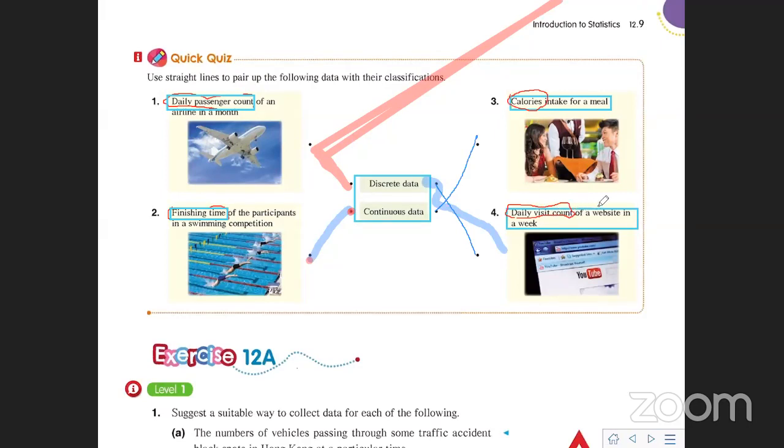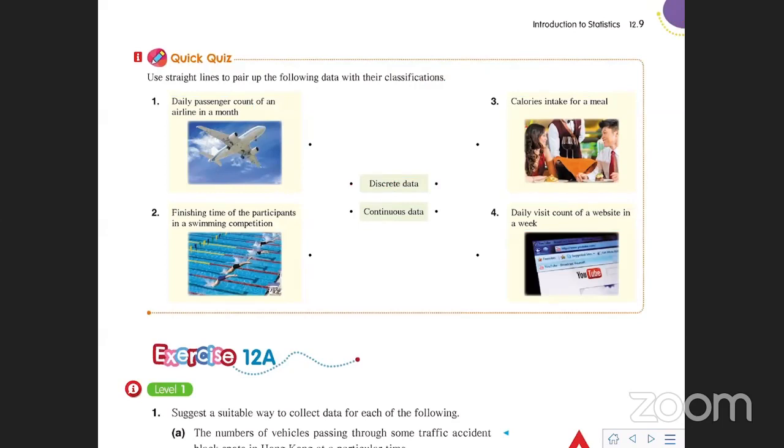And daily visit count is discrete data. The others can refer to this one. I think your classmate has done this correctly. Right. Okay, let me clear up this one.